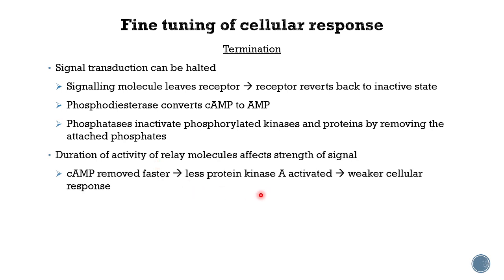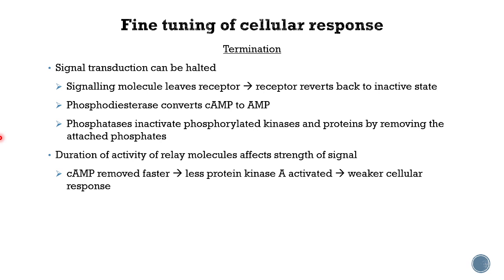The duration of the activity of the relay molecules affects the strength of the signal. So the termination doesn't happen immediately. Obviously there is some lag time between activation and inactivation or termination.